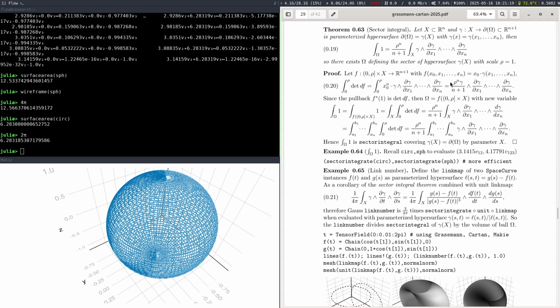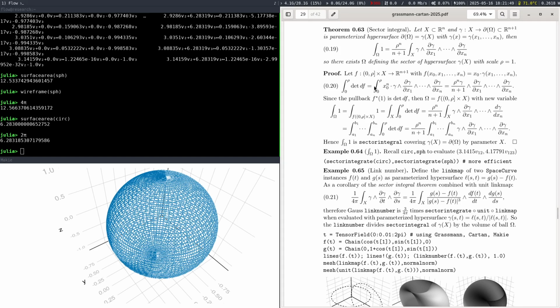So it extends the function by adding another parameter to it, and now we want to take the integral of the determinant of df, okay? And this expands out to the integral from 0 to rho of x0 to the n, gamma wedge d gamma dx1 wedge d gamma dxn.